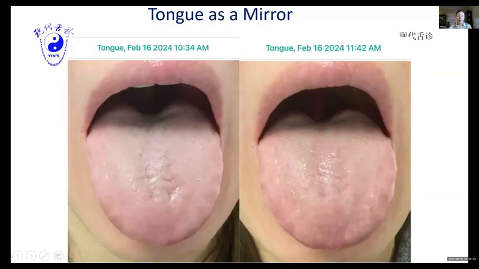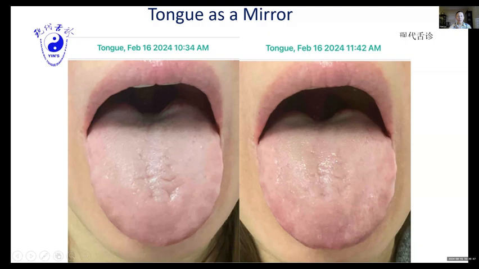And then this is a tongue change. This is February 16, 10:34, and this is February 16, 11:42. So this is right before the treatment. When a patient comes in, I normally just take a tongue picture, and then we talk about their condition.